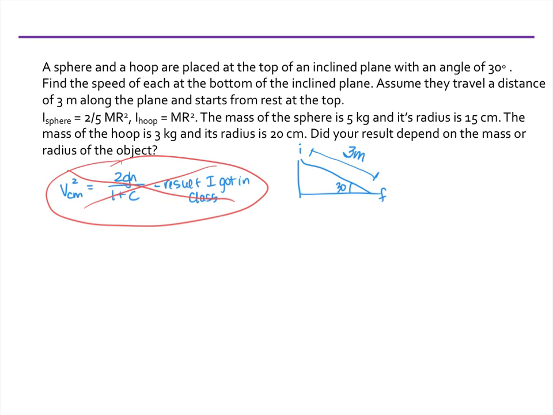But it doesn't mean that we can just routinely use this equation to find the speed at the bottom of the incline using conservation of energy. I want you to be able to do it. So I do want you to use conservation of energy by looking at the kinetic and potential energy, both at the top and the bottom of the incline. I've already marked my initial point and my final point. So let's do the sphere first.